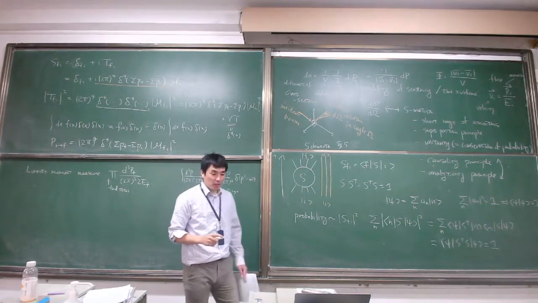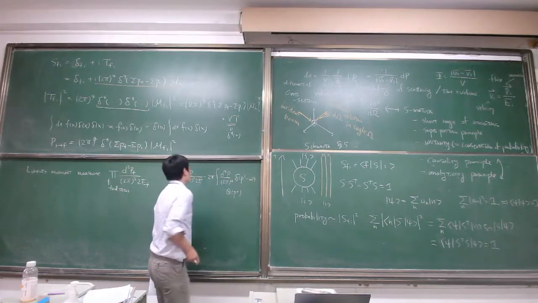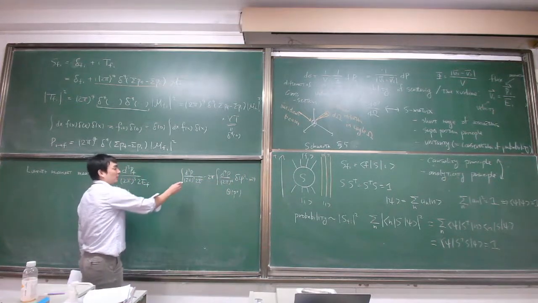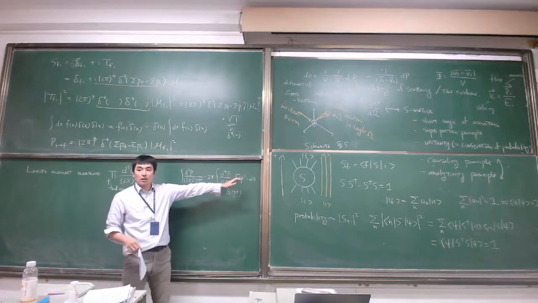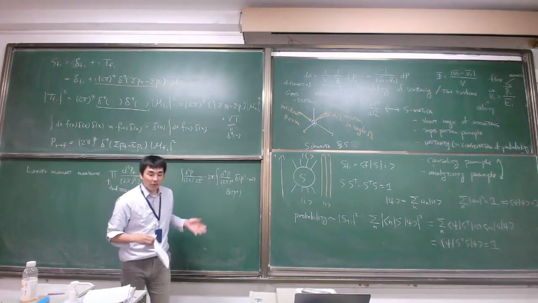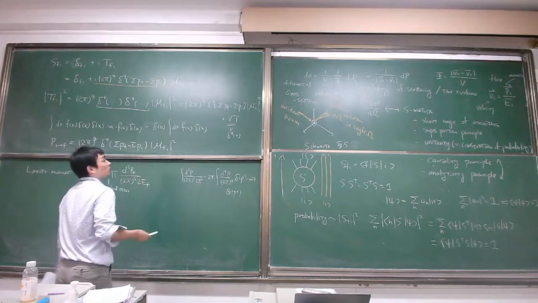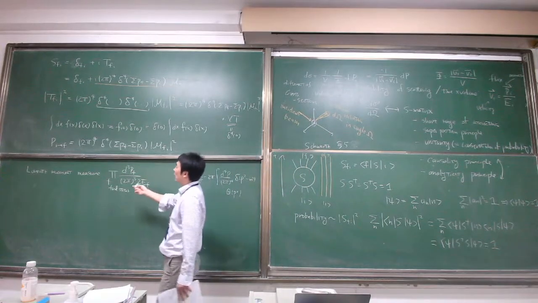So this is the Lorentz invariant measure. The right hand side is manifestly Lorentz invariant, and therefore the left hand side is Lorentz invariant too.